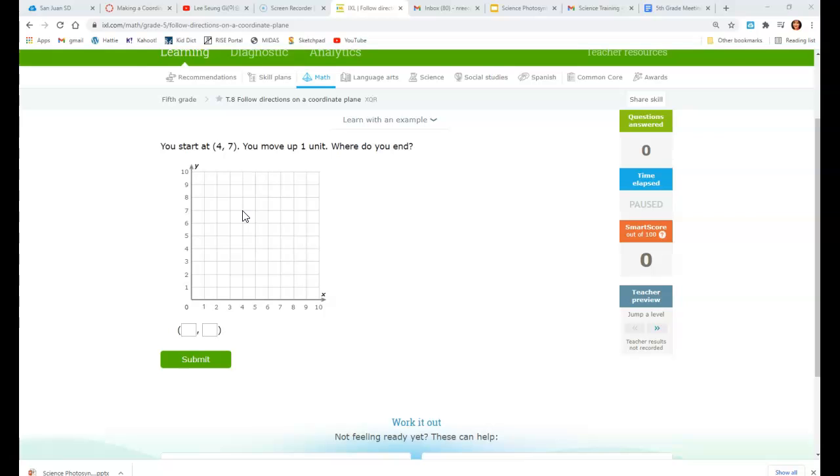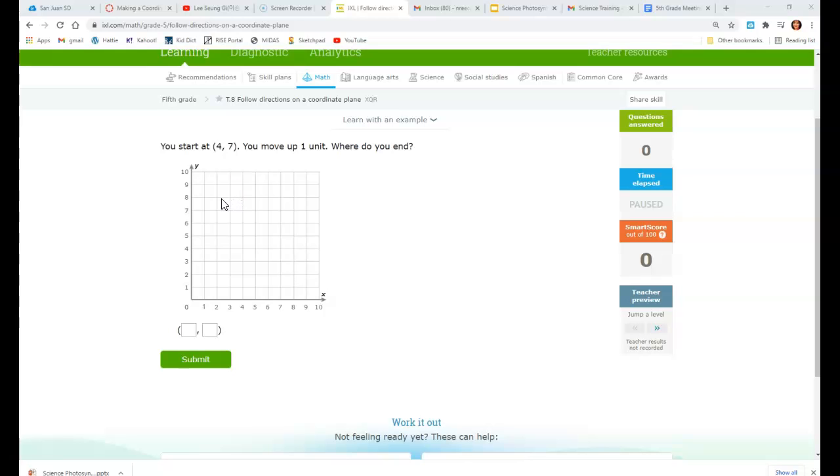Okay, it says you start at 4, 7. Then the question says you move up 1 unit. Where do you end? So I'm not going side to side. I'm not going down. I have to go up. I'm going to stay on the 4. My x-axis is still 4, but I'm moving up 1 unit.